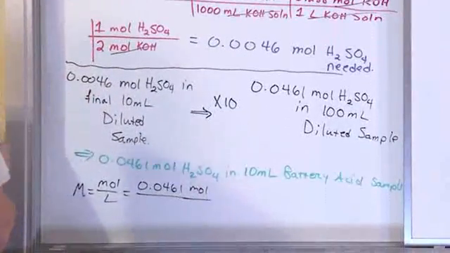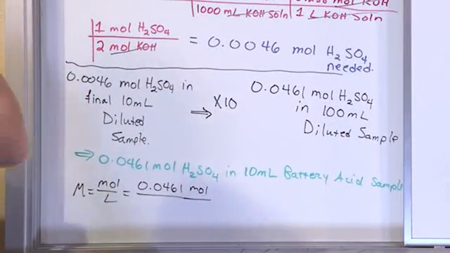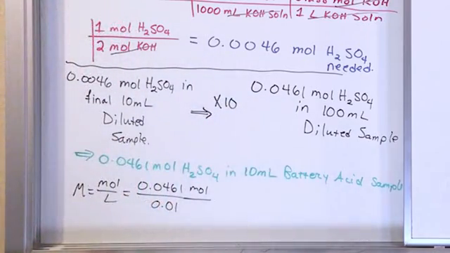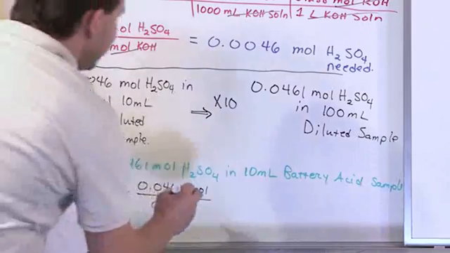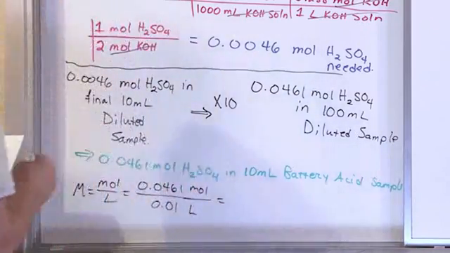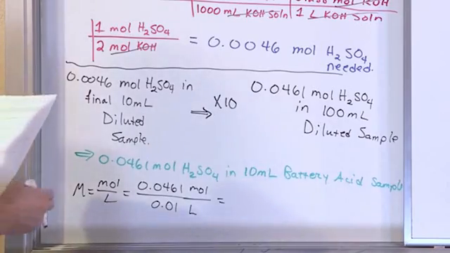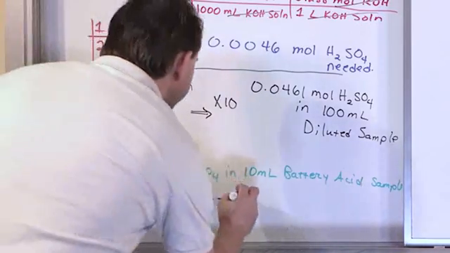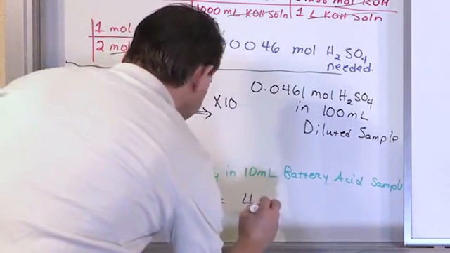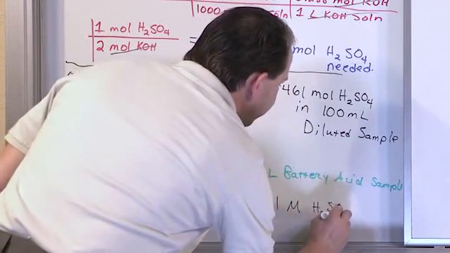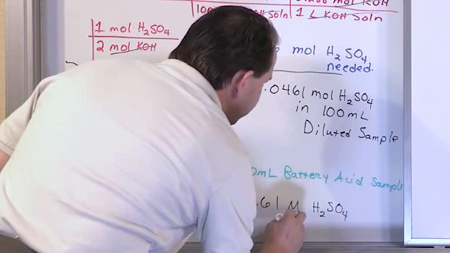When you convert 10 milliliters to liters, you get 0.01, because basically you take 10 and divide by 1,000. This is liters. So when you take 0.0461 and divide by 0.01, what you're going to get is 4.61 molar H2SO4 battery acid.